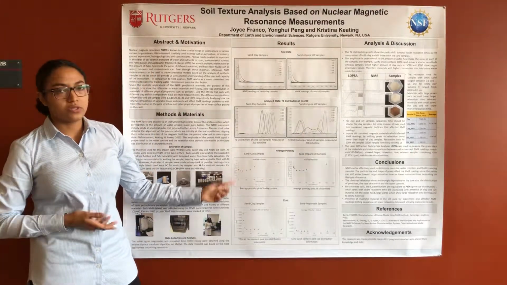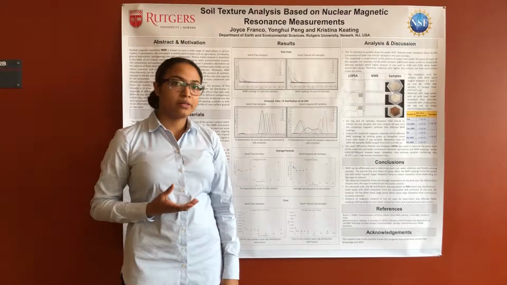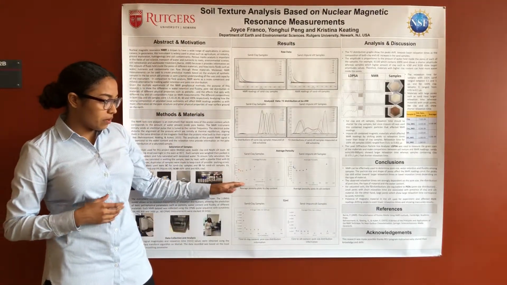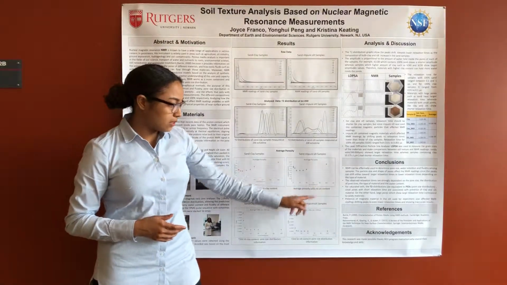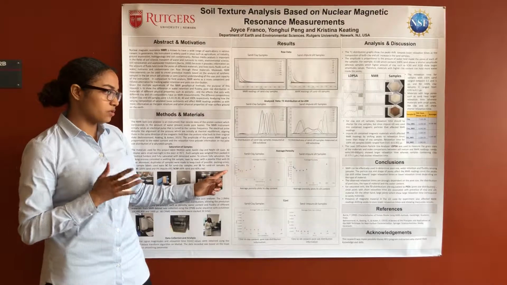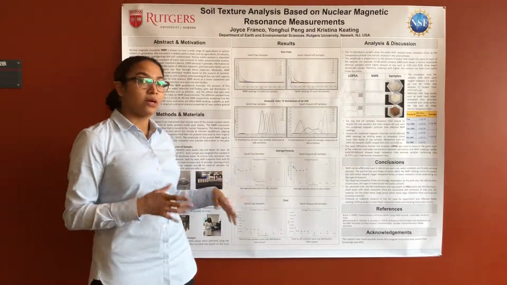In the next set of results, I'm showing the average porosity of the samples as the amount of clay and silt increase. You can see that in both scenarios, the average porosity has a similar behavior.